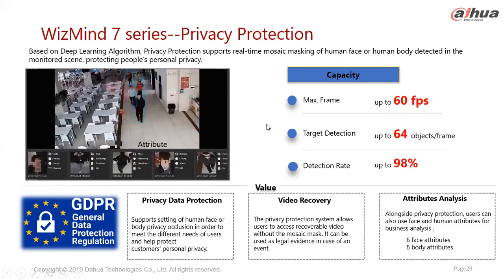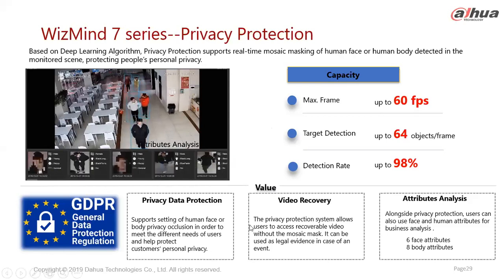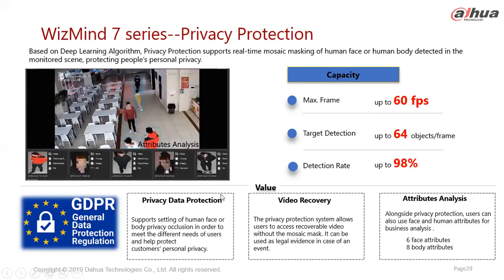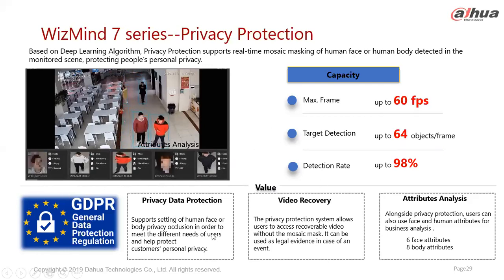You can zoom on your screens to check the video. Here you are doing analysis of people, but you don't get to capture their faces. If such information exists, you can use it to pitch to clients. For privacy protection with these Wizmind 7 cameras, you can reach a detection rate of up to 98%.